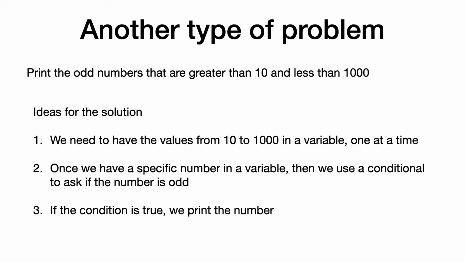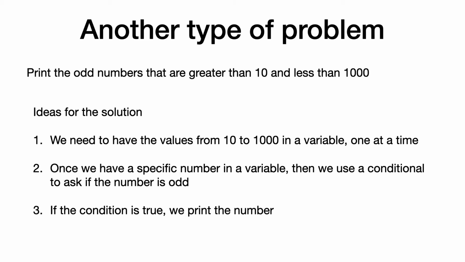First, we need to have the values from 10 to 1000 in a variable, one at a time. So in this case, we cannot think of having 1000 variables. We just have to do it using only one variable and having a different value at a time.